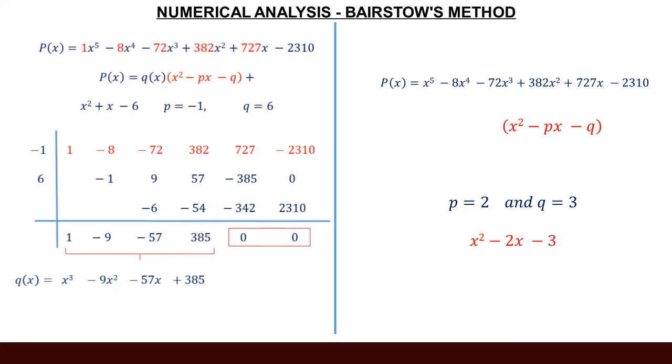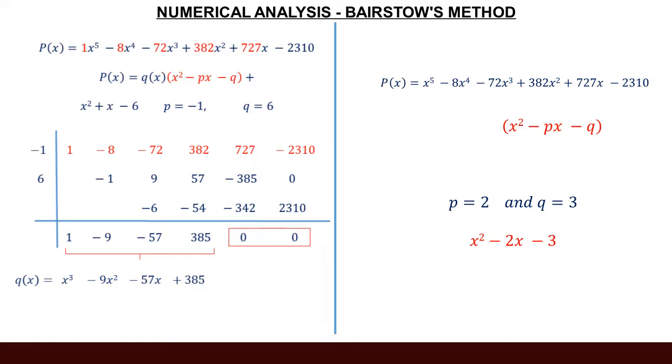Are we together? Good. So we are saying that Bairstow's method will help us to extract a quadratic polynomial from p of x in such a way that when you divide p of x by this extracted quadratic polynomial, the remainder is going to be 0.